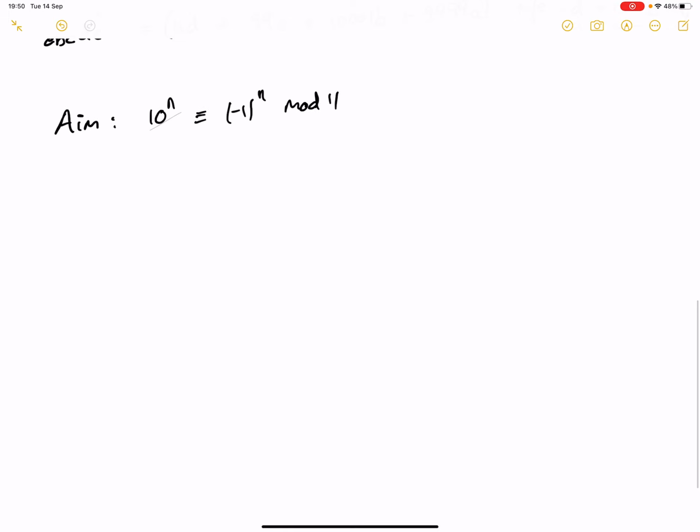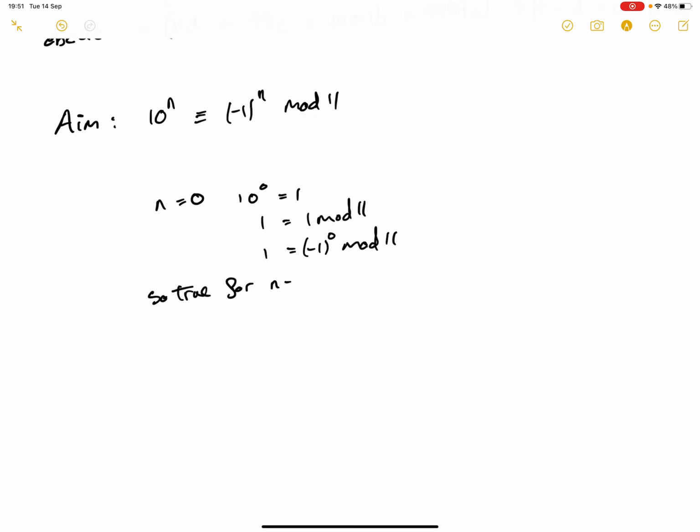Okay, so try n equals 0 to start with. So 10 to the 0 is equal to 1, and 1 is equal to 1 mod 11, and 1 is equal to minus 1 to the 0, which is just 1 mod 11. So true for n equal to 0.